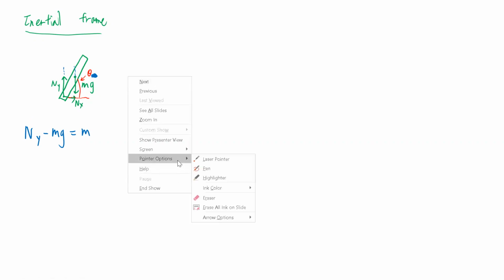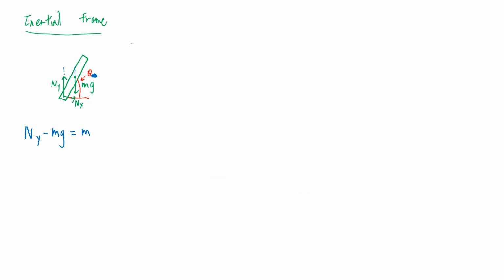First, let me remind ourselves: if this is at the origin, then the x position of the center of mass would be h divided by 2 cosine theta, and the center of mass y position would be h divided by 2 sine theta.